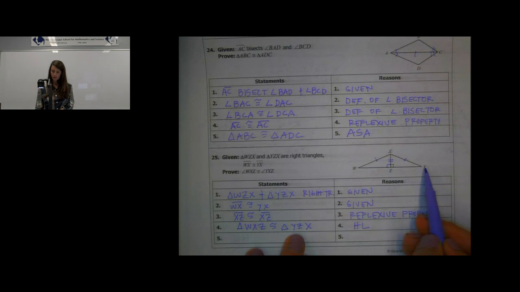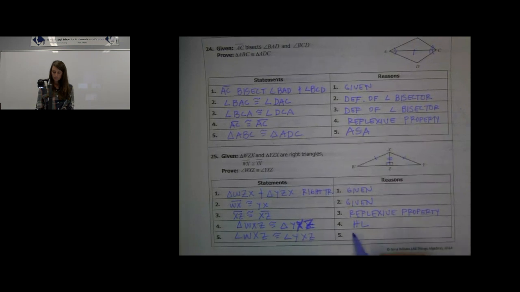So now my angle WXZ is going to be congruent to angle YXZ.